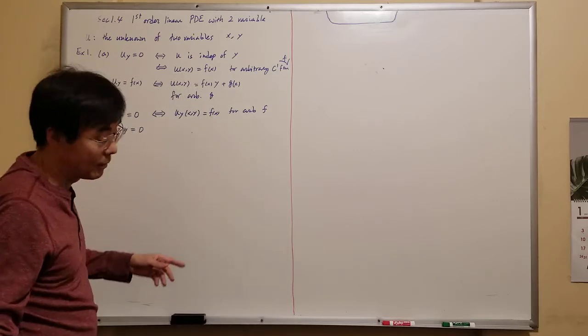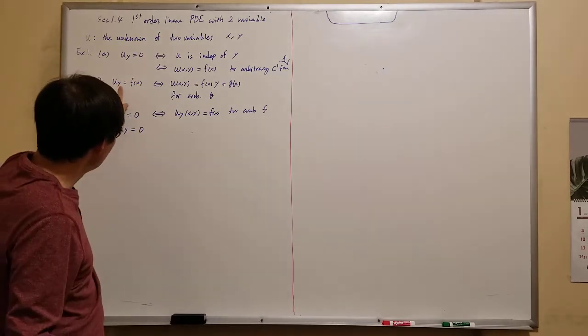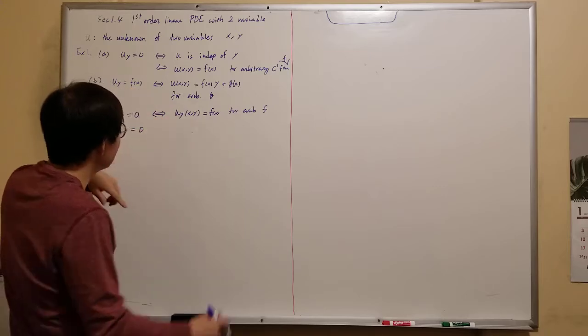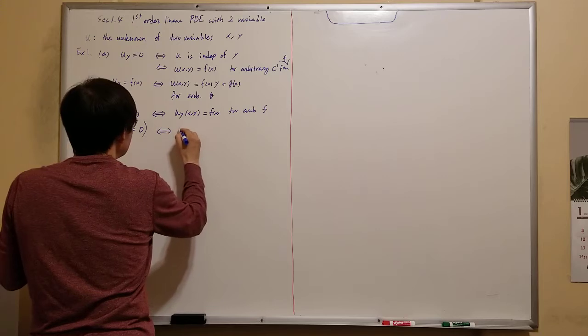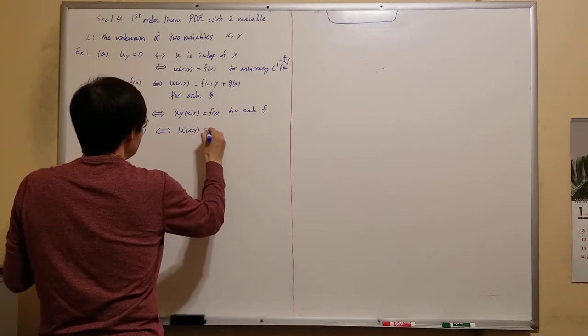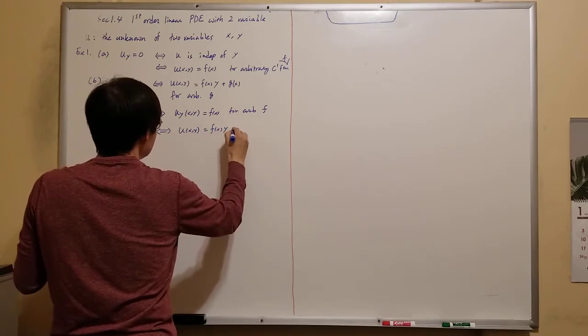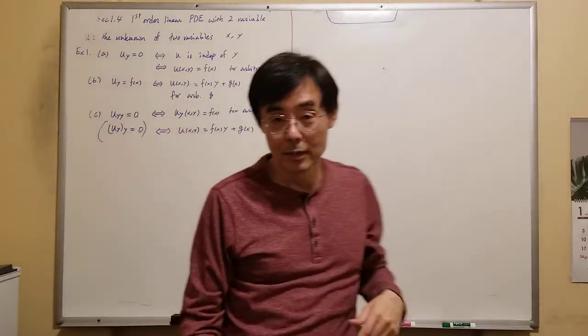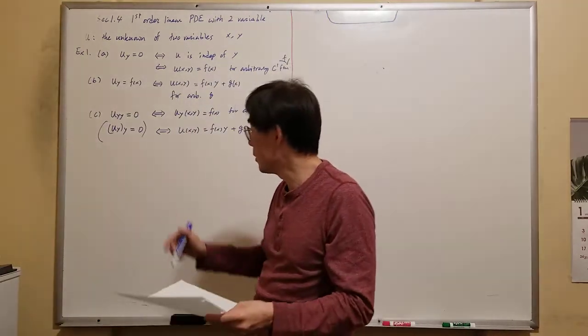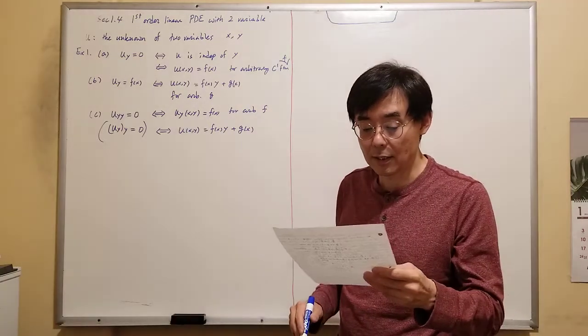And then we learned that when u sub y equals f of x, that means u of x, y must be f of x times y plus g of x. So these are very special, easy cases.